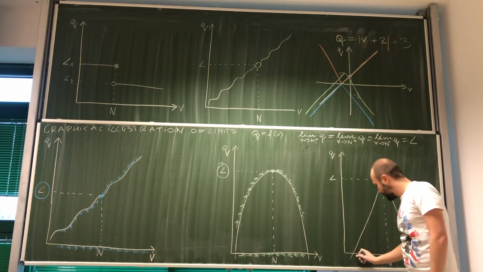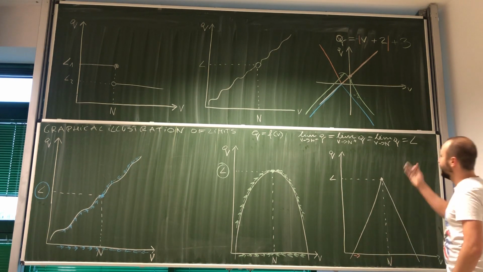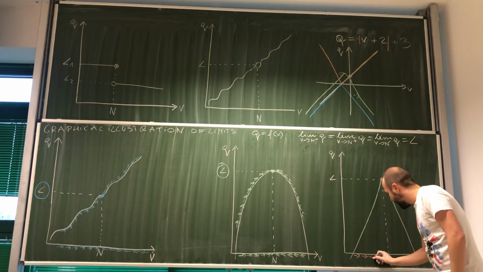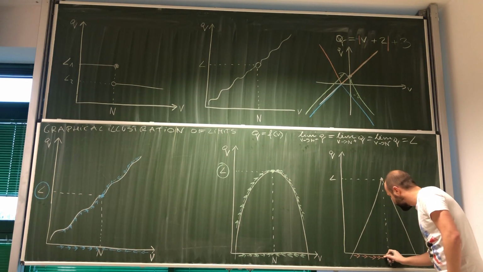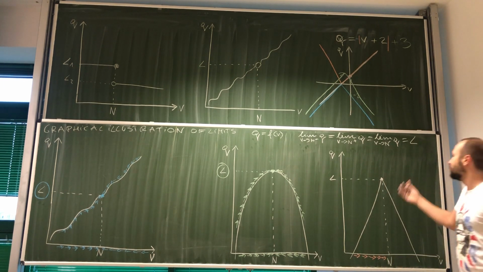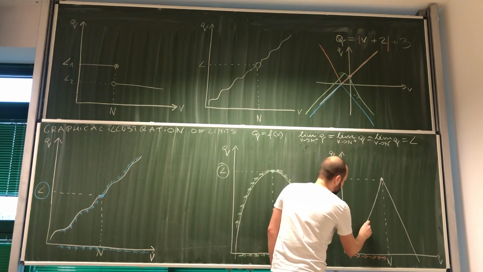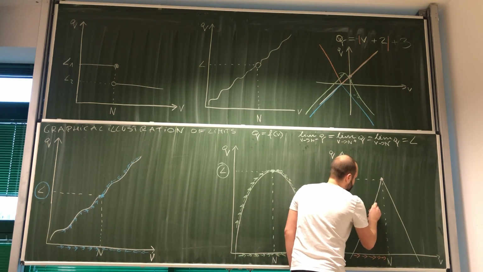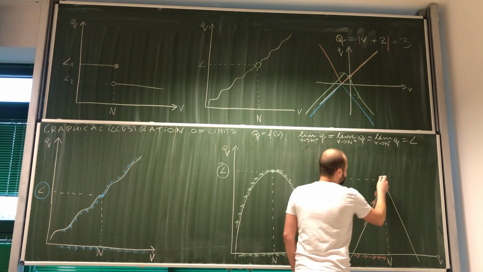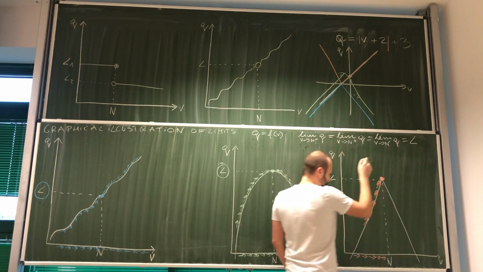Well, again, we start from the left side limit. So the argument is getting closer and closer to n. And we see that at the same time q, so the value of the function, is getting closer and closer to this point.